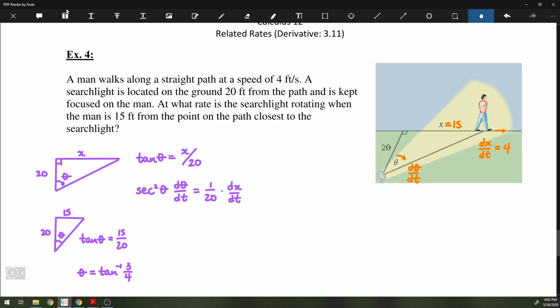So we can substitute that into our expression here that we're working with, and that will be secant squared of arctangent of 3/4. That's the angle. d theta/dt, the rate that we're looking for, is equal to 1 over 20. And then dx/dt at that moment is, well, 4.